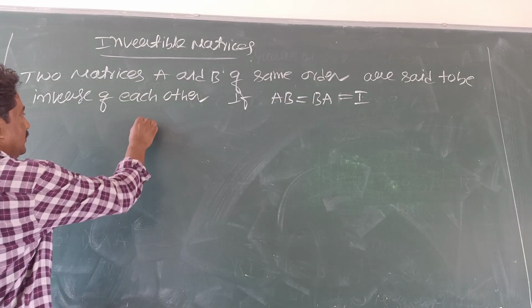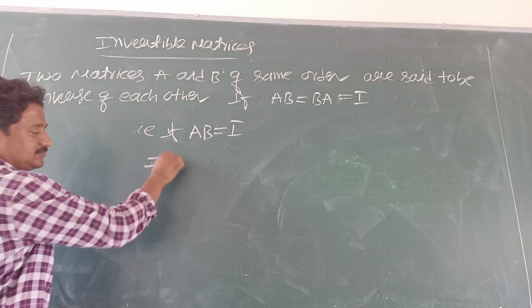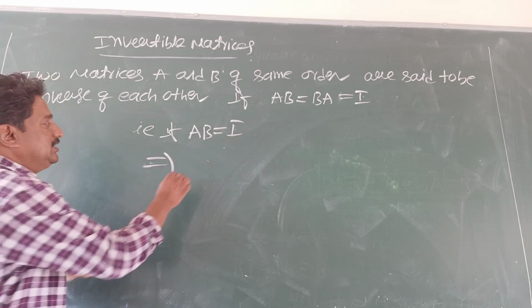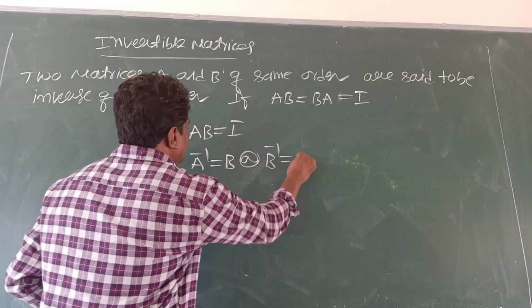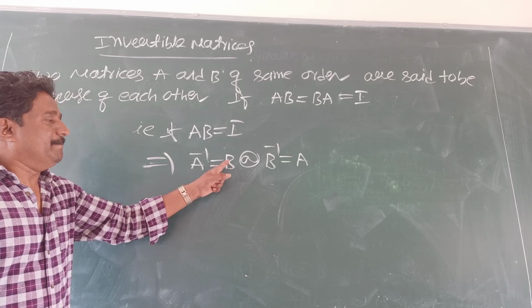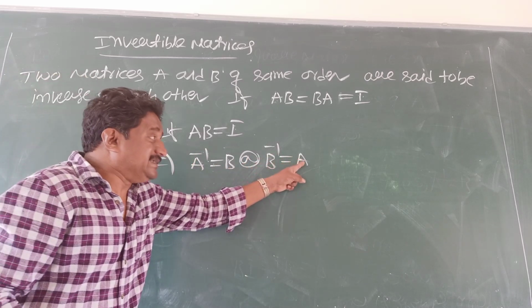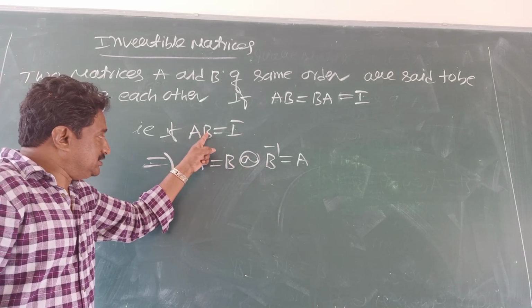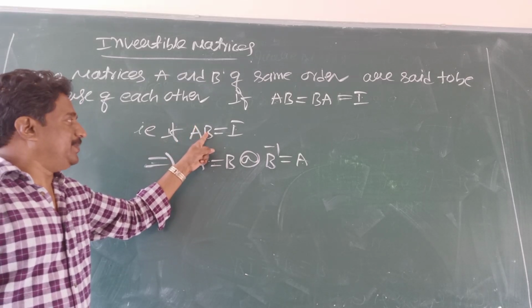That is, if AB is equal to I, it means the inverse of A is B or B inverse is A. That means matrix B becomes inverse of the matrix A, or matrix A becomes inverse of the matrix B.